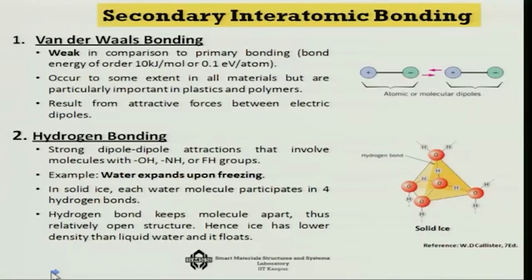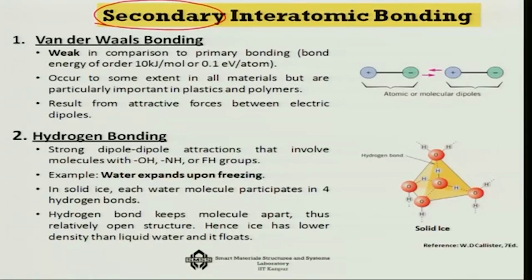Then we have two other interatomic bondings, which are secondary interatomic bondings. One of them is called van der Waals bonding. Here also you have positive and negative charge responsible for the bonding, but this does not come from the atoms; it rather comes from the combination of atoms which creates a dipole.